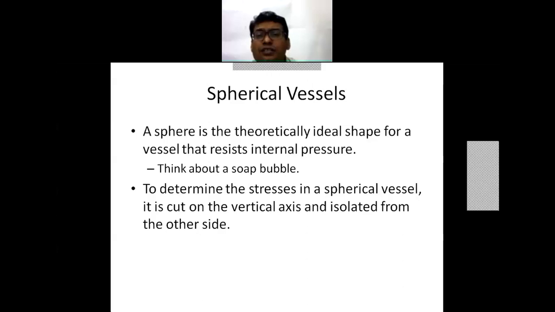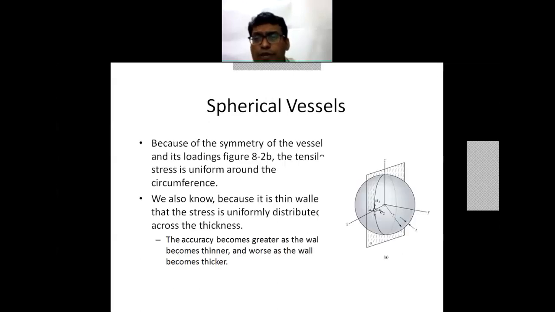The sphere is theoretically the ideal shape for a vessel that resists internal pressure. That is your soap bubble. To determine the stresses in the spherical vessel, it is cut on the vertical axis and isolated from the other side. That is what is shown in this figure.